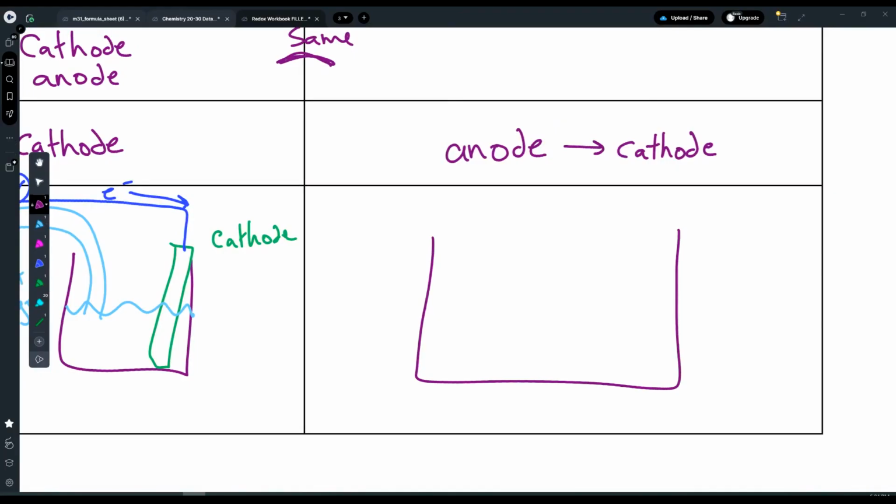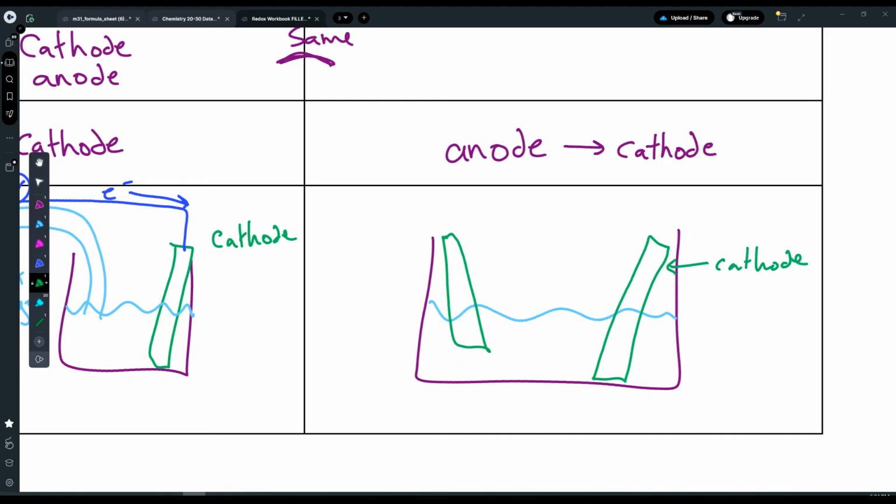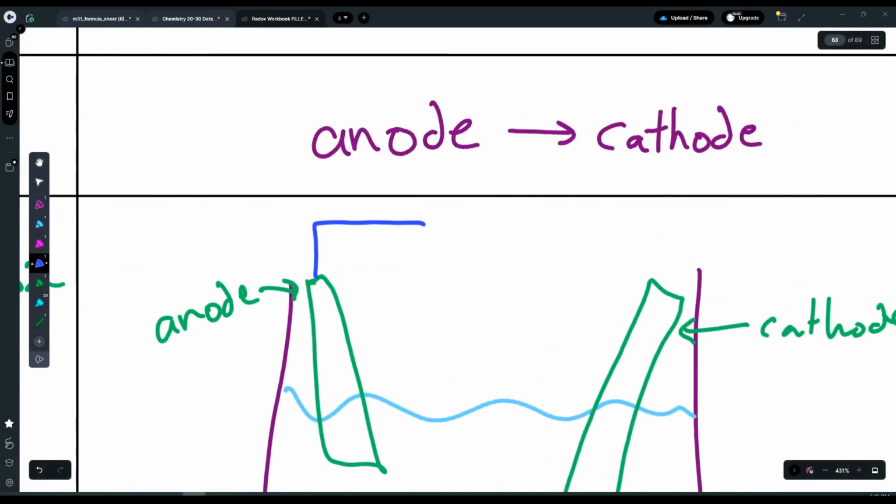Okay, whereas for an electrolytic cell, we've got one beaker here. There's our solution with everything in it. Here's one of our electrodes. Here's the other one. We'll say this is the cathode. That's the anode. Here's the wire, and the wire is going to have a battery connected to it.